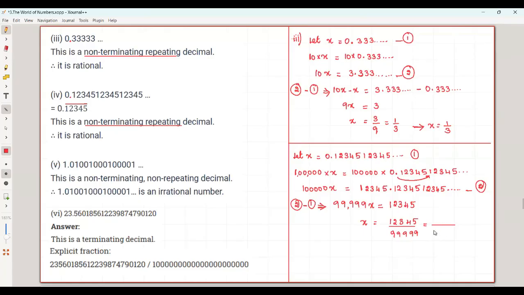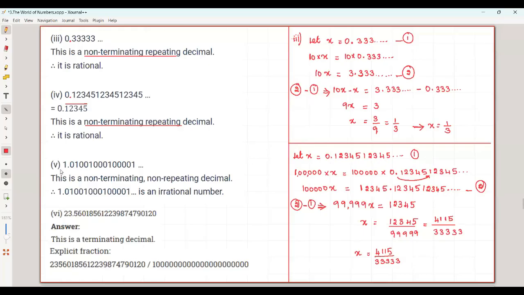So I can divide by 3. 3 3s are 9, and the same for the other digits. In the numerator, 4 3s are 12, next 1 3s are 3, again 1 3s are 3, balance 1 becomes 15, 5 3s are 15. So now x is equal to 4115 divided by 33333. So this is the p by q format, explicit fraction format.